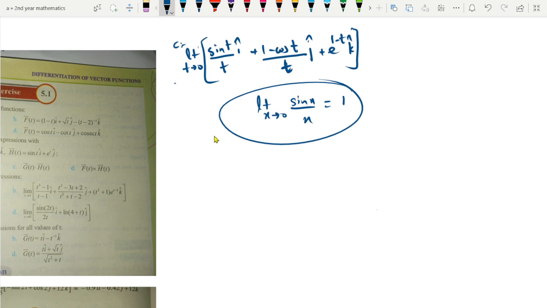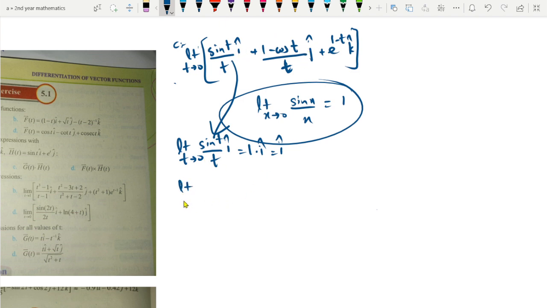Now applying limits on this one, the limit as t approaches 0 of (sin t)/t i will become 1 into i, so this will become i.